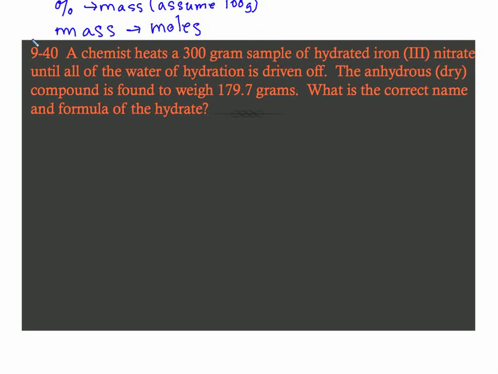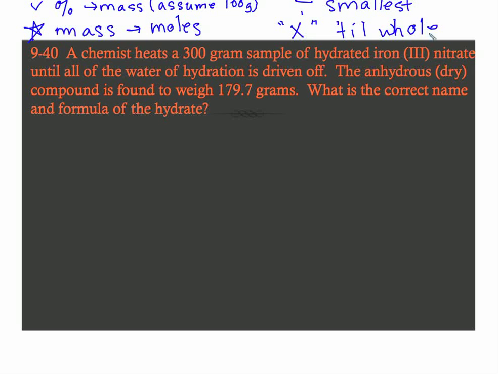You always will have to do that. Divide by the smallest, and that's it. You will never multiply by a whole number on hydrates. So remember, it was multiply till whole.